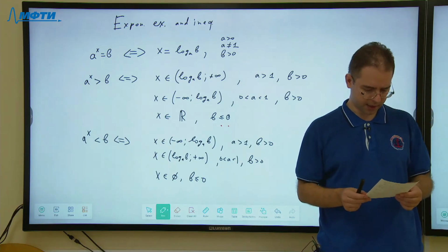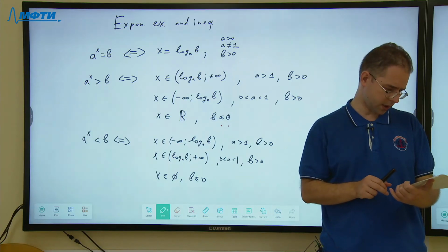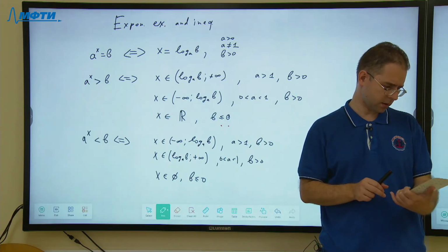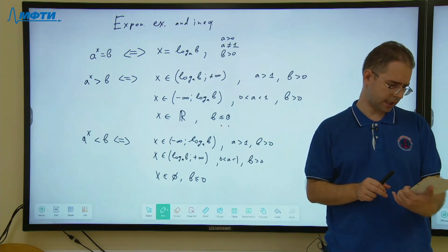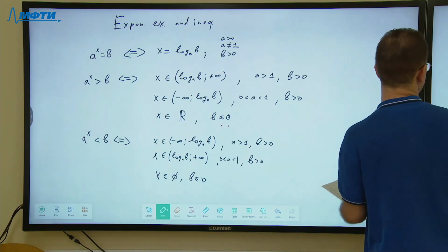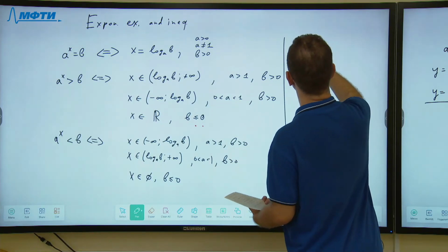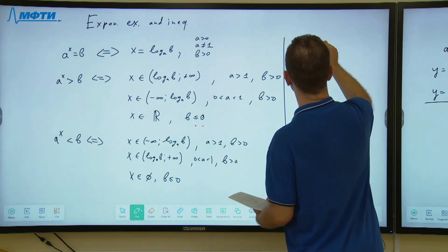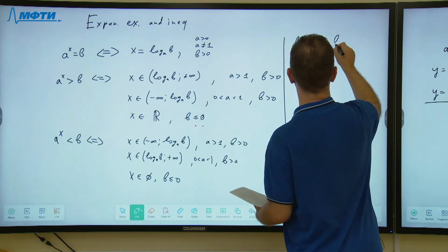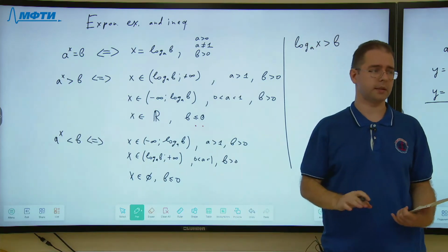Okay, my time is almost out, but I wanted to explain about the inequality log base a of x, for example, greater than b, or maybe less than b, or stuff like this.